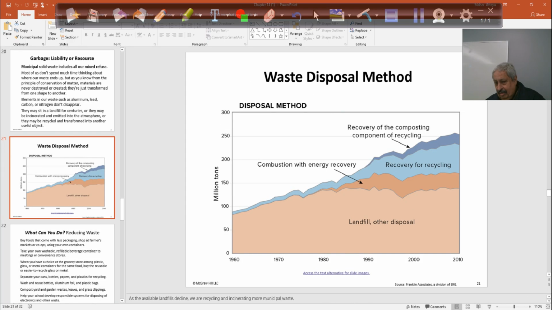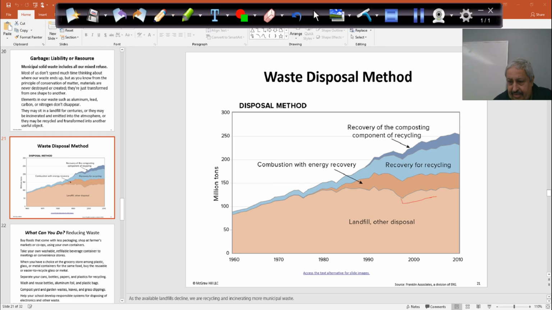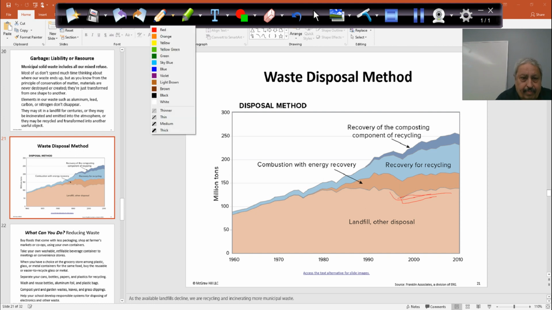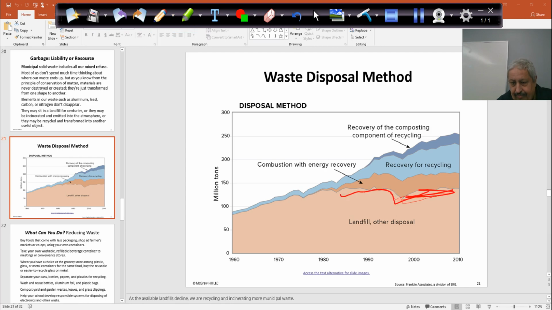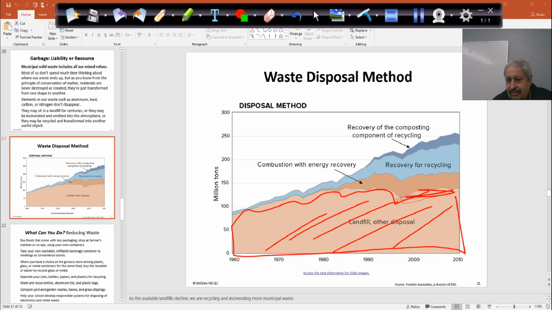Here, just in this slide, let's just show you. This is that much of the waste here in the landfill. So that's a large part of it still there.